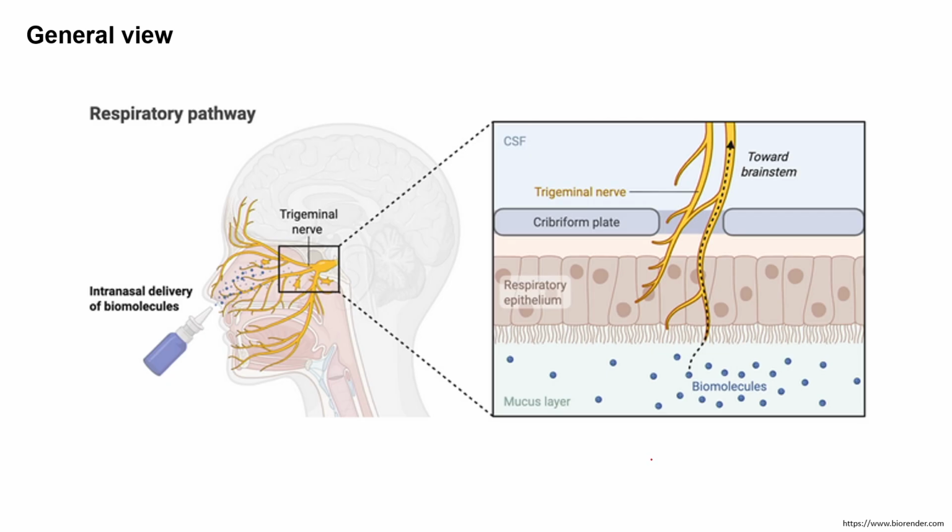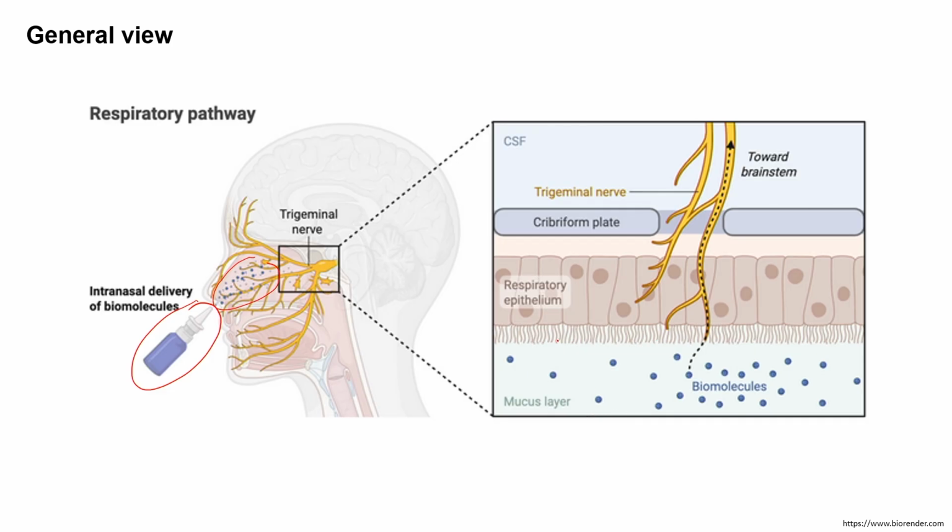Just for example, if we talk about the respiratory pathway, this is just for general understanding: if there is a small intranasal delivery of any biomolecules through the nostril, it can go through the epithelial area of the nostril, and in this area we have these trigeminal nerves, and through these trigeminal nerves this gets internalized upstream towards the brainstem or towards the mucus layer.